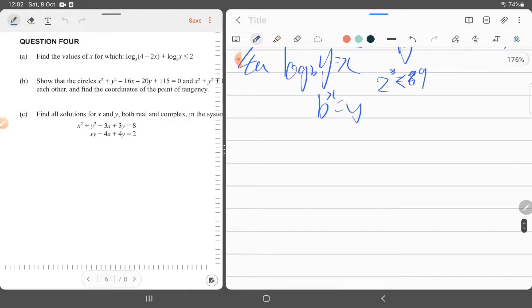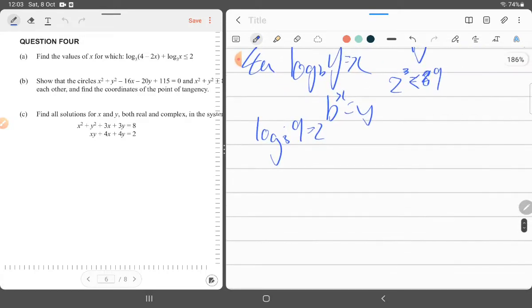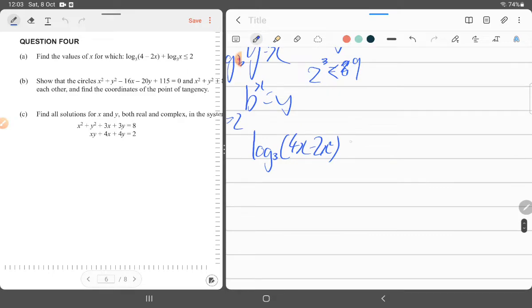Actually, no. We can rewrite log 3 of 9 is equal to 2, so normal basic log rules will apply. Log 3 of 4x take away 2x squared is less than log 3 of 9. Let me just check.